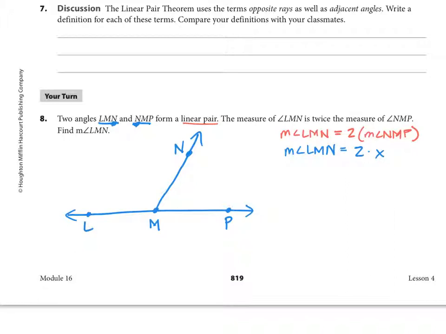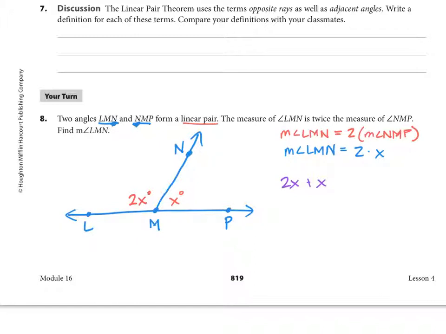So I know that the measure of angle NMP is X. I replaced it with X degrees. Remember that over here. This is X. And then the other one is 2X because it's twice what the other one is. Now that I've written expressions for both of them, I can set up my equation. So here's my equation. The big angle plus the other angle, right?